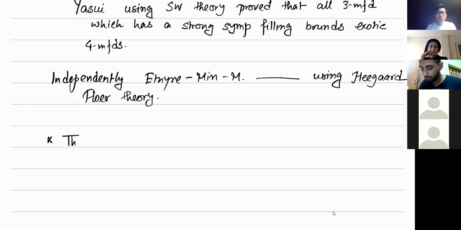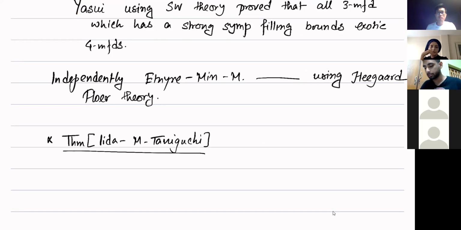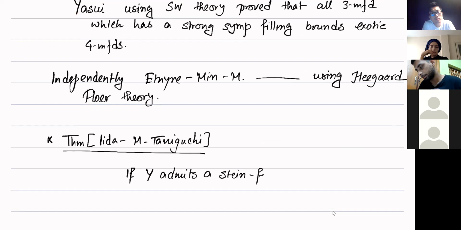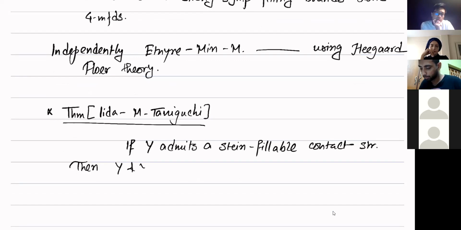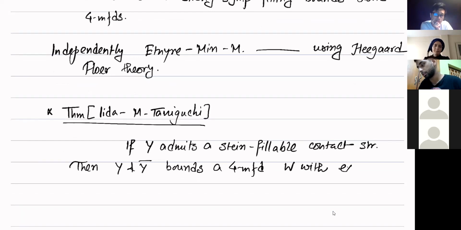So theorem. I'll just state the easiest form of the result, that is, if Y admits a Stein fillable contact structure, then Y and Y bar bound a four manifold W with exotic structure.